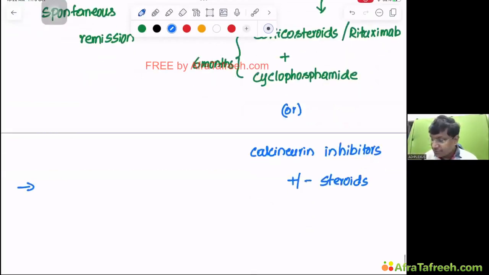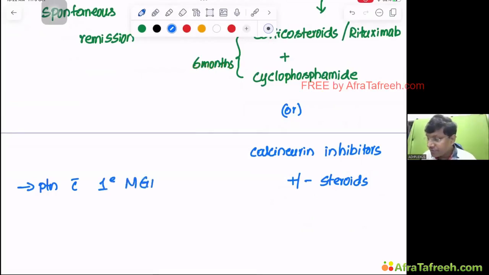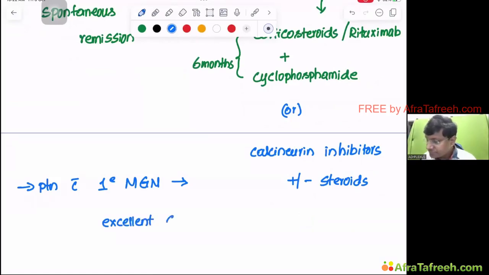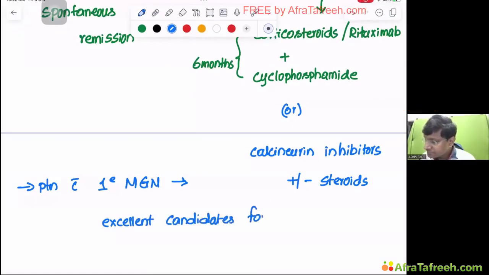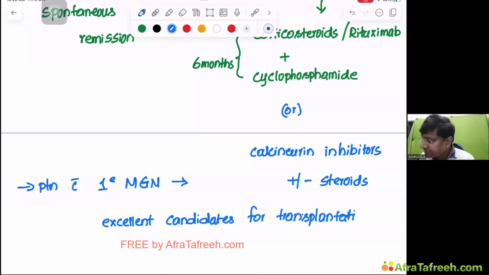The patients with primary membranous glomerulonephritis are excellent candidates for transplantation.